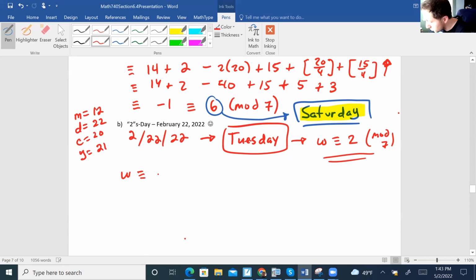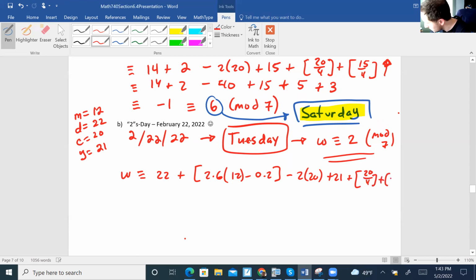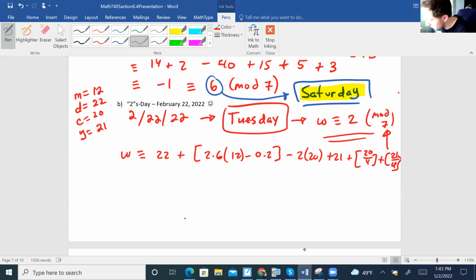So this would give me 22 plus greatest integer of 2.6 times 12 minus 0.2, minus 2 times 20, plus 21. And then we have our 2 greatest integer components at the end, 20 over 4 plus 21 over 4, arrow, mod 7. This thing in the greatest integer function at the beginning, I computed this to be a nice clean 31.